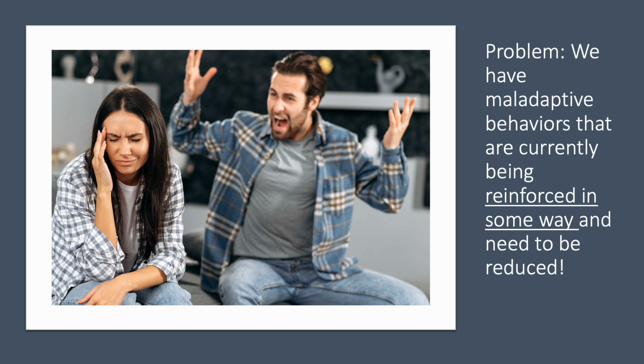Okay, before we get started with discussing the new intervention that we'll be covering in today's lecture, I want to make sure that you all understand or remember that if you have a maladaptive behavior that's occurring in a person's repertoire, let's say frequent throwing of objects, yelling, or aggression, or whatever it may be, and they are consistently engaging in that behavior, that behavior has a history of reinforcement.